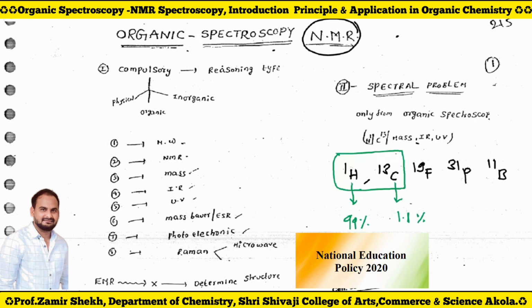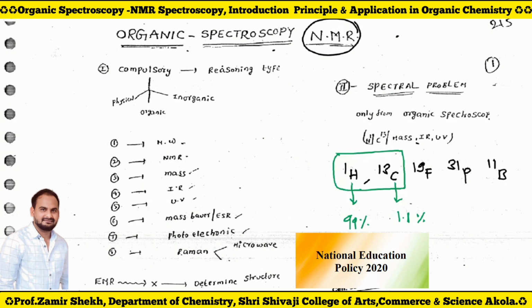For organic compounds we have UV, mass, NMR, and IR, the four important techniques used to elucidate the structure of any organic molecule. For inorganic purposes, we have Mössbauer spectroscopy, ESR, XRD, etc., used to elucidate the structures of inorganic molecules.